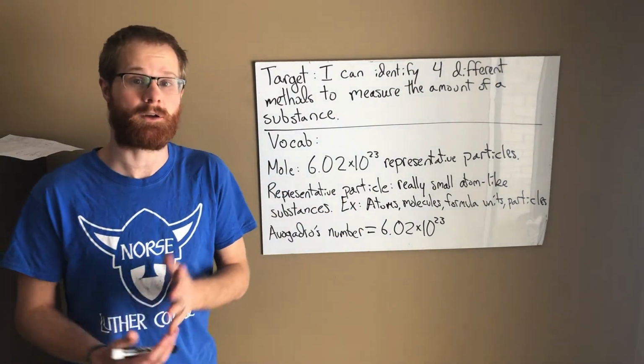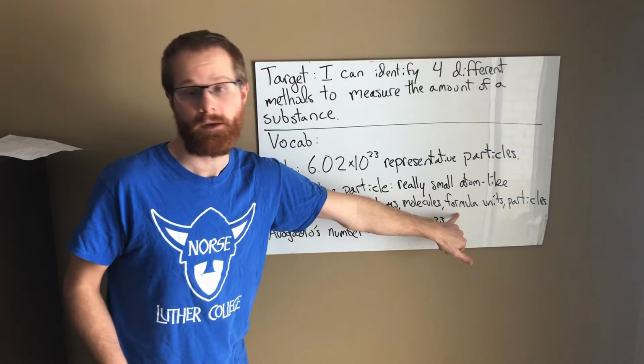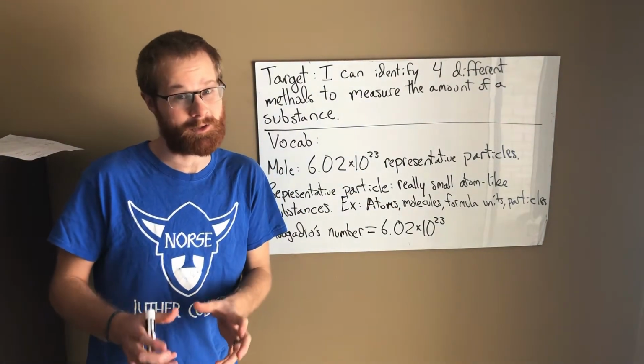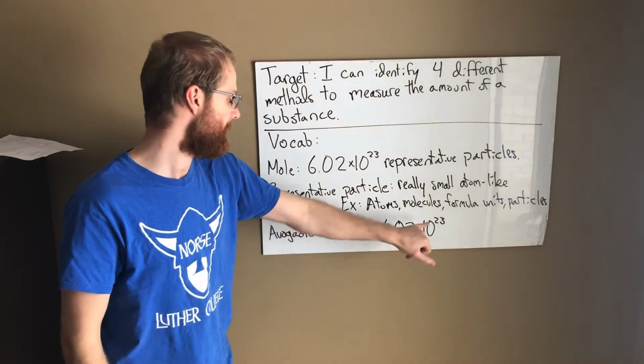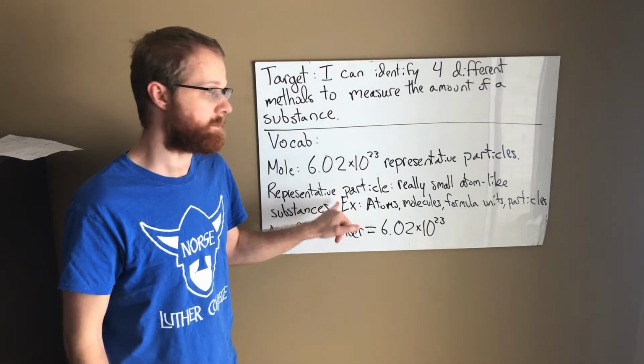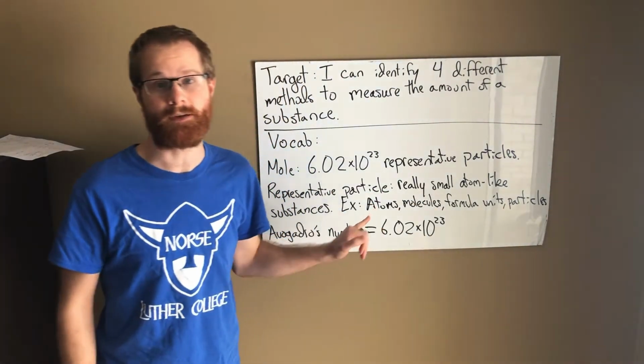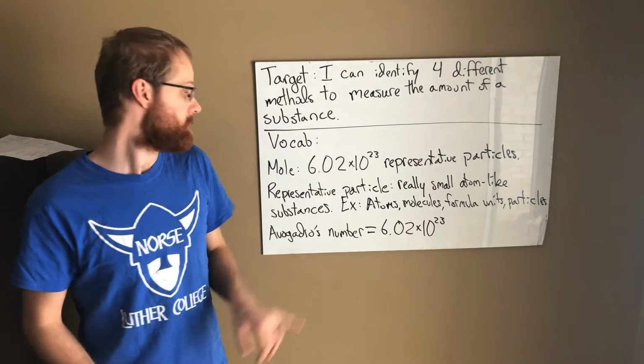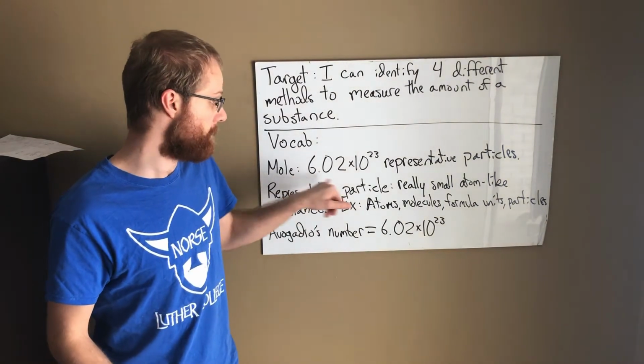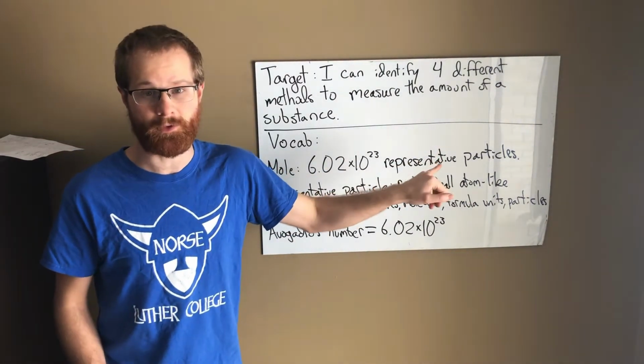There's something we haven't talked about yet called a formula unit. A formula unit is basically just molecules of ionic compounds, and that is also a representative particle. And then, of course, ions are representative particles.